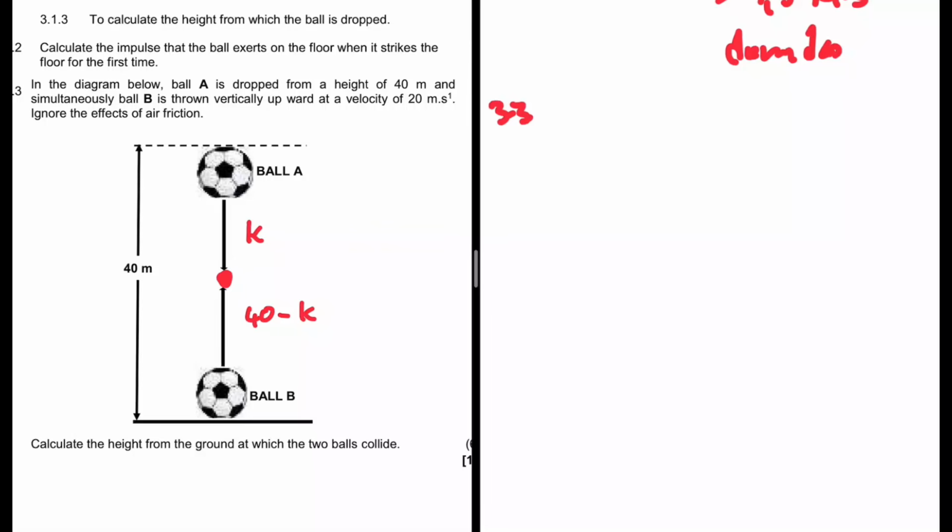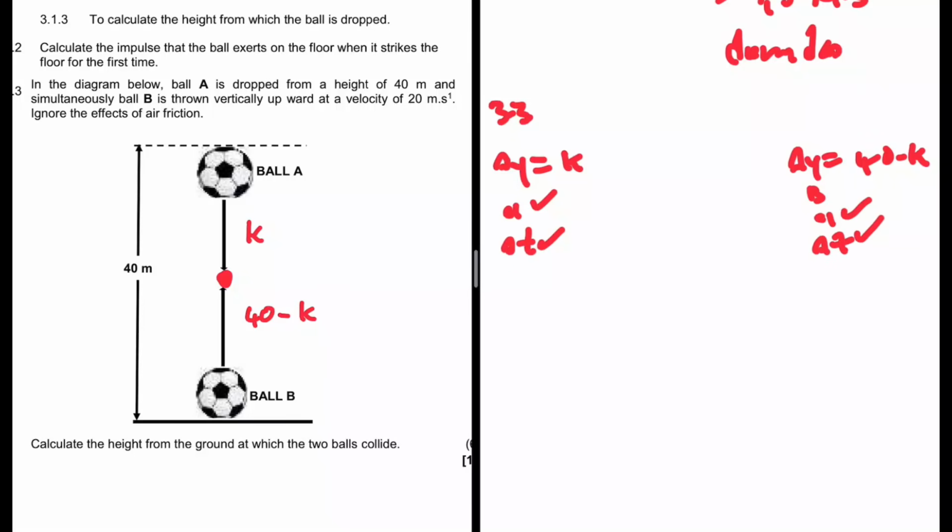So we have the displacement of A, which we are saying is k, and then we have the displacement of B, which is 40 minus k, right? Acceleration is 9.8 meters per second squared, the same for both objects, right? And then they are projected at the same time, so they have the same time also. And then what else?